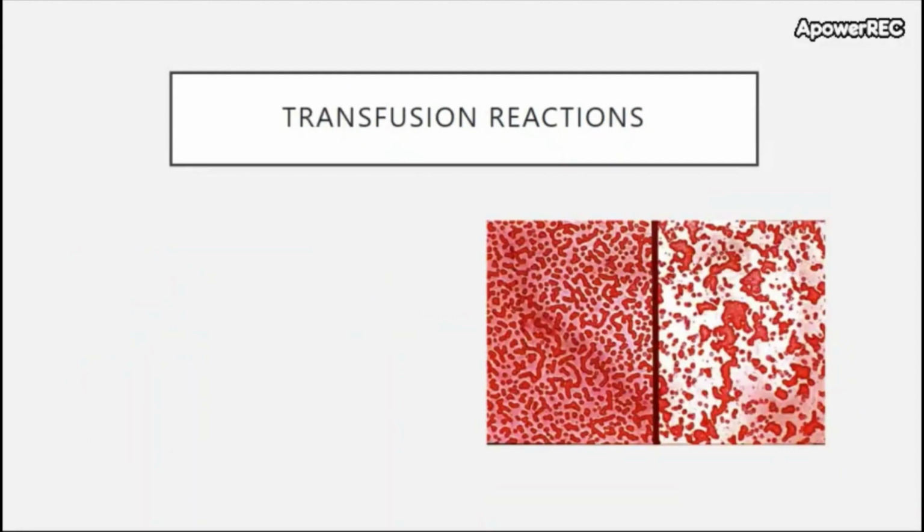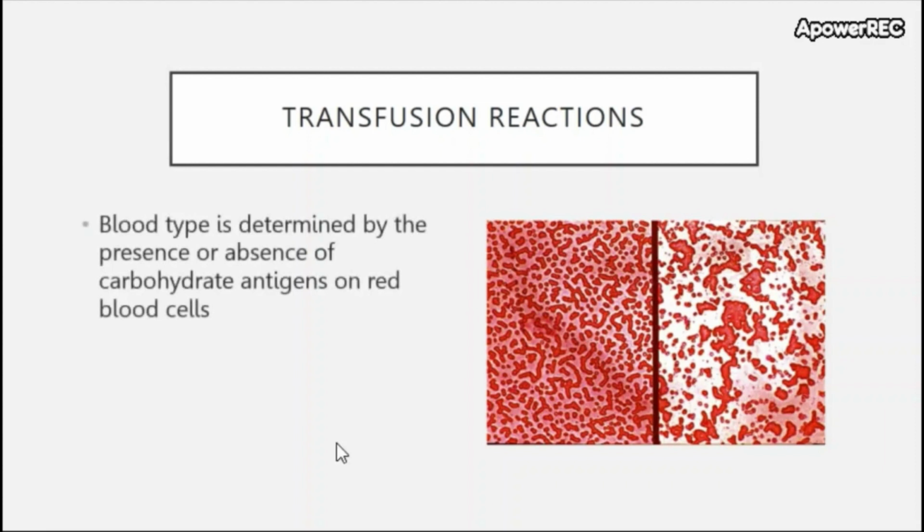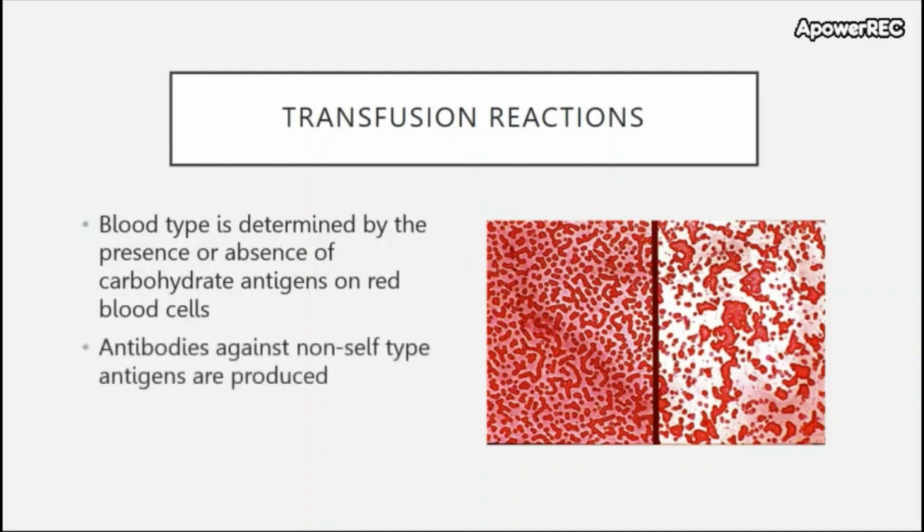So a little bit about transfusion reactions. In blood transfusions, only the blood cells are transfused, so the plasma containing the antibodies is kept behind. And as discussed, there can be markers on the outside of those red blood cells. Those markers or blood types are determined by the presence or absence of carbohydrate antigens on the red blood cells. So whatever your self type is, you will not develop antibodies for that.